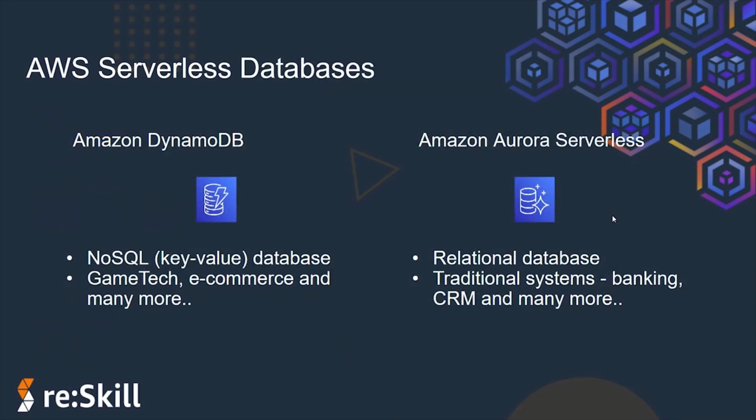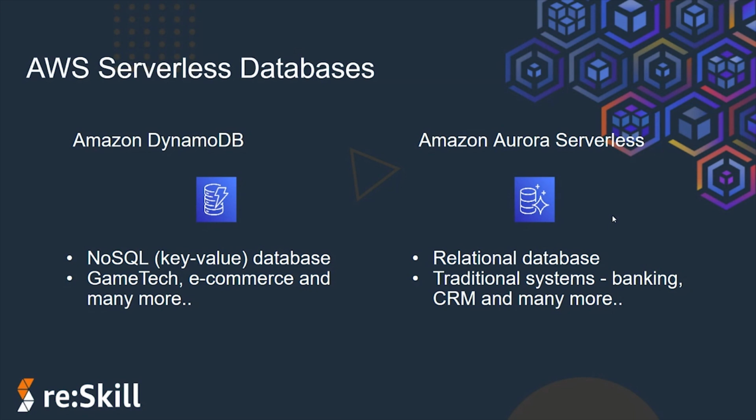So coming to the different AWS serverless databases, the two serverless databases AWS provides in the serverless wing are DynamoDB and Aurora Serverless. DynamoDB is from the NoSQL world, where records are stored as key value pairs or documents in the database.